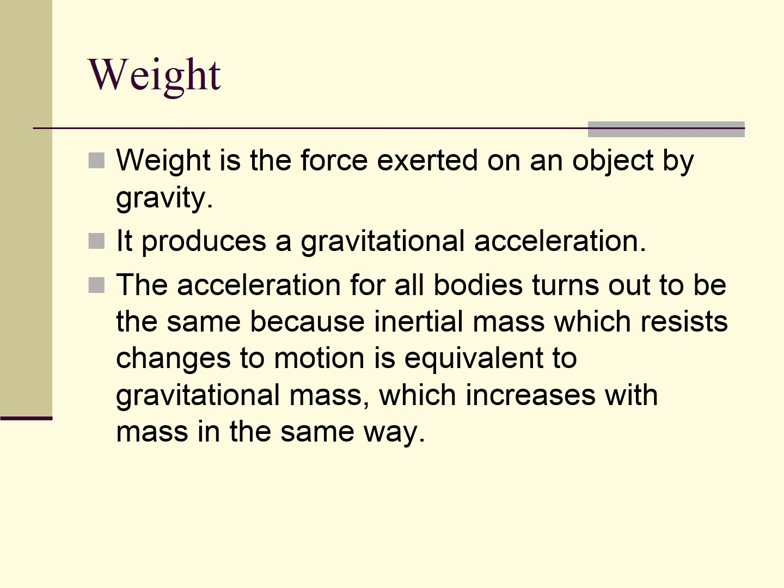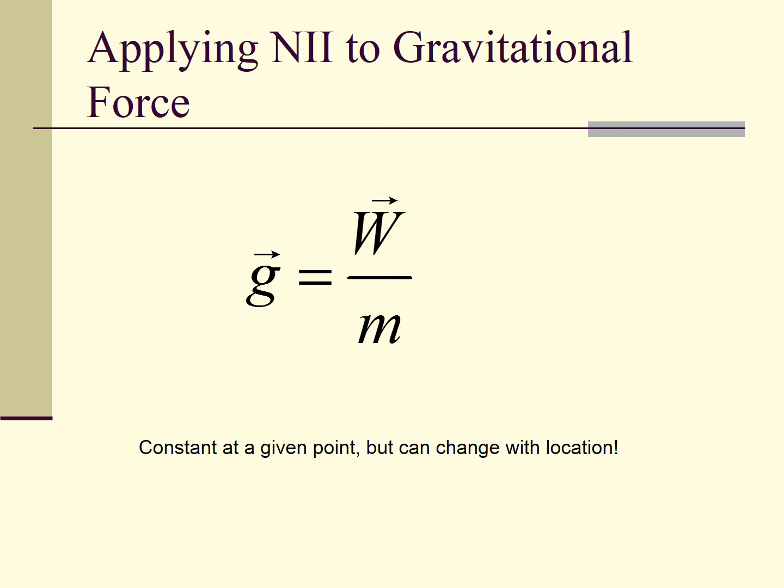So in the context of things falling near the surface of the Earth, we have the gravitational acceleration being equivalent for all bodies. Written out formulaically with Newton's second law, that means our gravitational acceleration, which we pretty much universally abbreviate lowercase g, is the ratio of weight to mass.